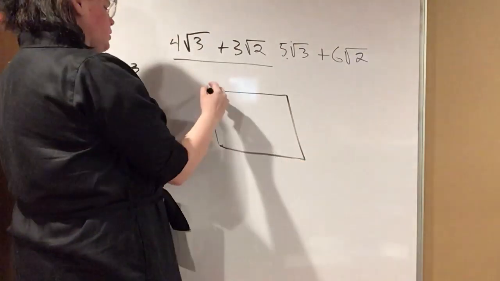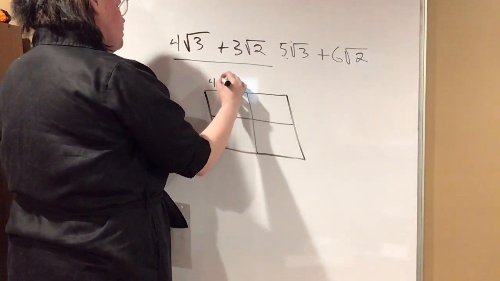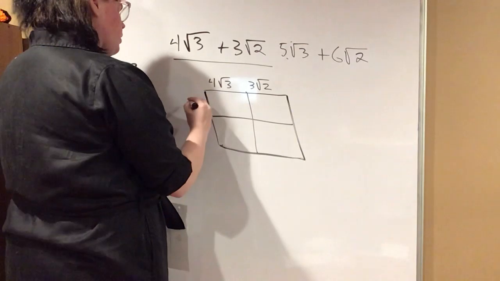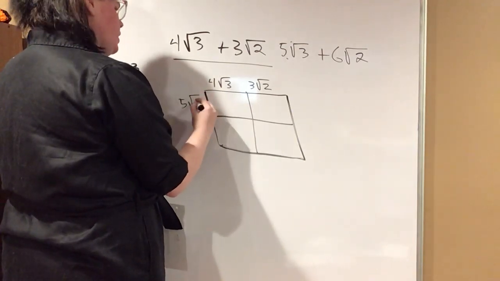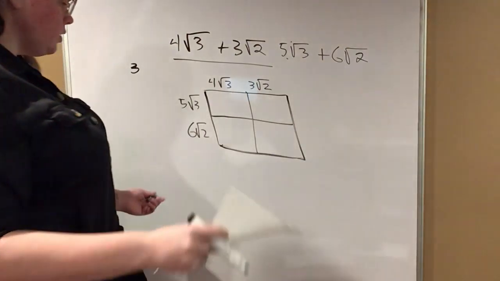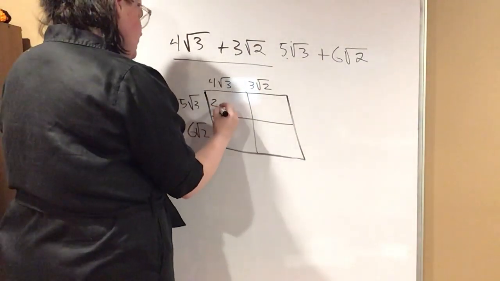Now, you need a 2 by 2. So you have 4 square roots of 3, 3 square roots of 2, 5 square roots of 3, 6 square roots of 2. So if we're given something like this, 5 times 4 is 20.